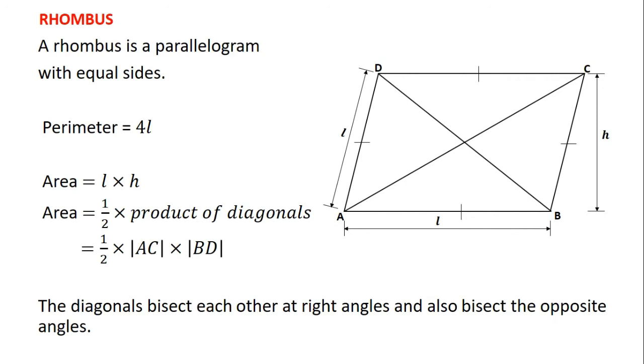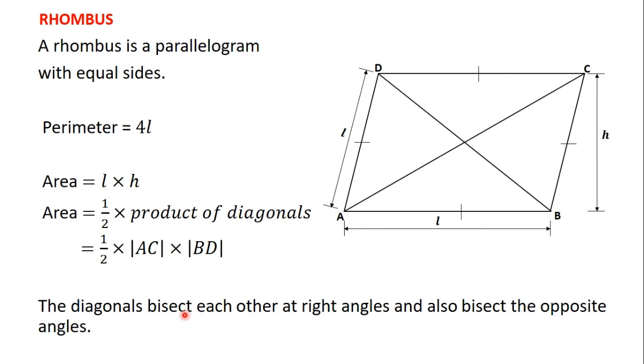For this particular rhombus, the diagonal AC will divide the diagonal BD into two equal parts. In the same way, the diagonal BD will divide the diagonal AC into two equal parts.